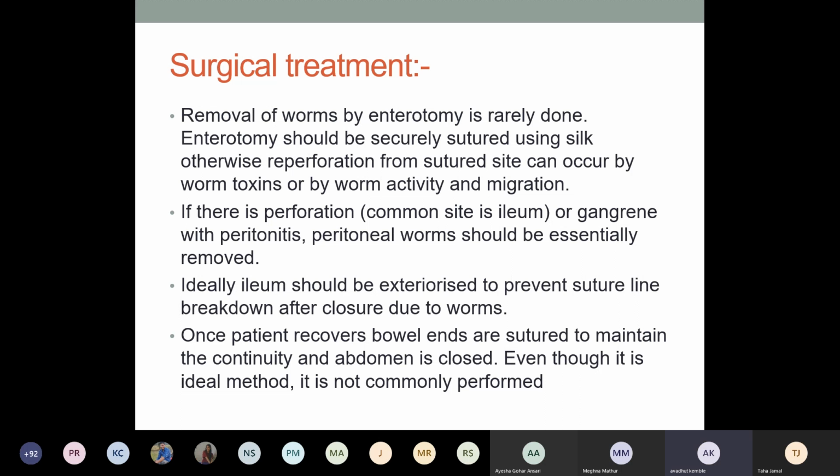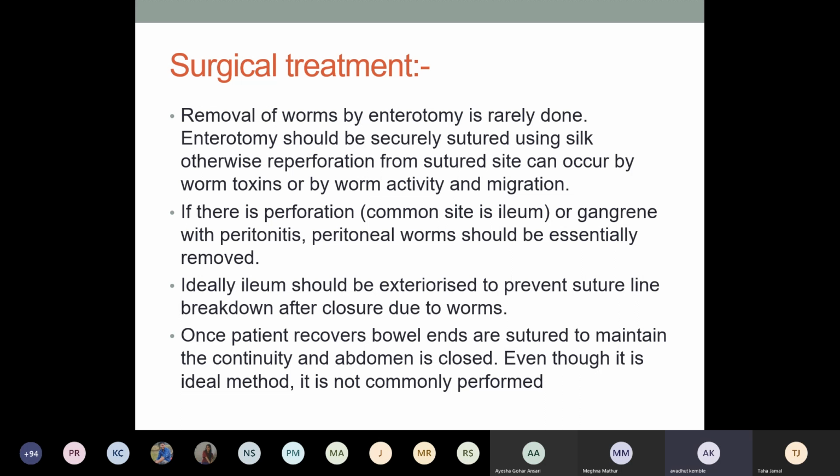If by all these measures the intestinal obstruction is not relieved, it can be treated with surgical treatment, or removal of the worms by enterotomy, which is rarely done nowadays. Enterotomy should be securely sutured using silk, otherwise perforation from the sutured site can occur by worm toxins or by worm activity in migration.